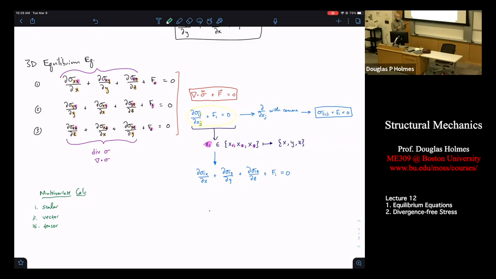If these are your options, we could say that a tensor that we're used to, like the stress tensor, is a second order tensor. A vector is a first order tensor.